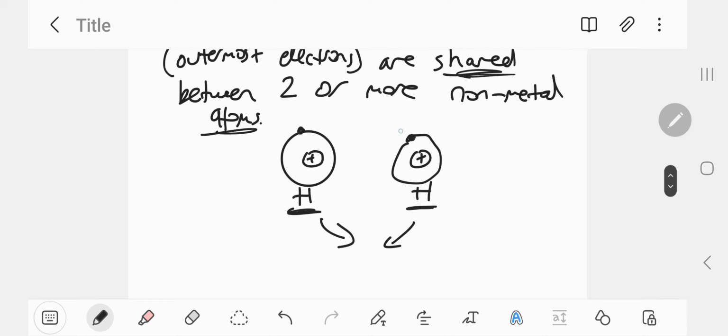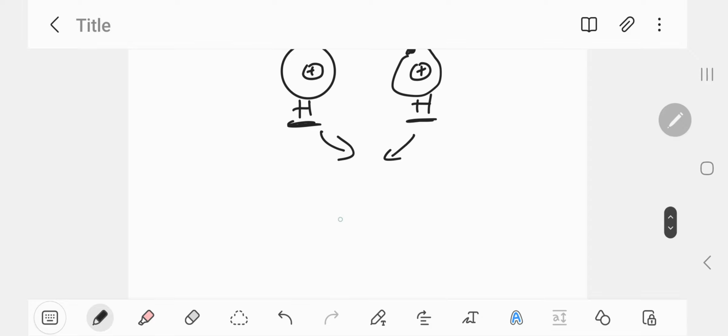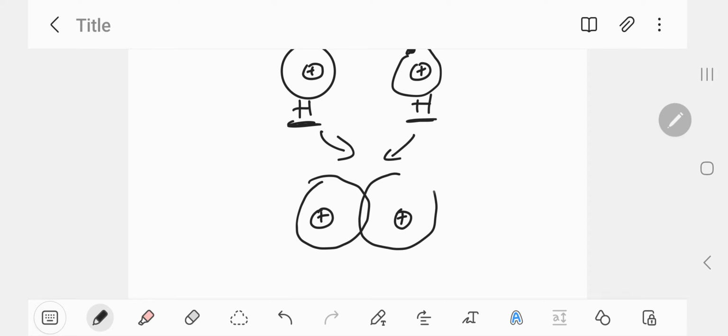These 2 dots here are the valence electrons, the outermost electrons. That way they'll be much happier. Here's a plus, here's a proton. It'll look something like this, roughly. Both electrons are shared between both hydrogen atoms.